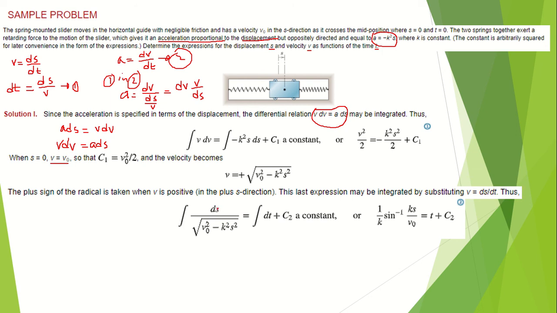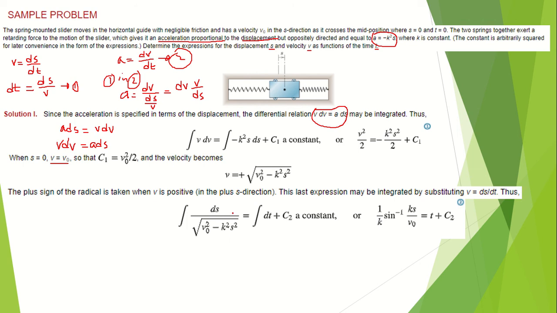We have the form of du over the square root of a squared minus u squared. It follows that form of the formula. When you have the complete du, then you integrate it, and we get dt plus c2.